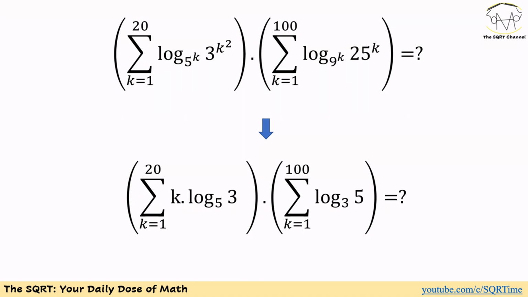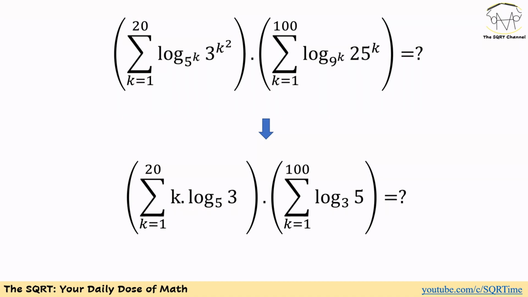Now with everything that we saw, the original problem can be simplified as the multiplication of two terms. For the first term, we still have the sigma operator for k equal to 1 to 20. But instead, we simplified the term and can write it as k log 3 in base 5.